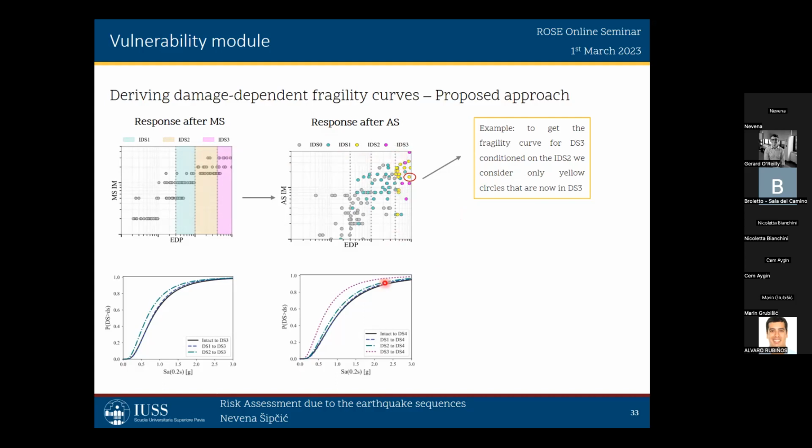So for instance, here I'm showing an example of the damage dependent fragility curves, where you can clearly see that there is a shift towards the left because our structure is more fragile when there is damage already observed. So the more damage we observed in the main shock, the more fragile our structure will be to the subsequent event.